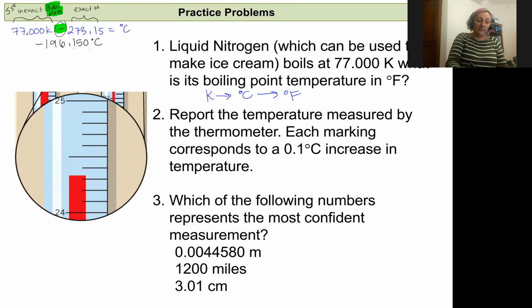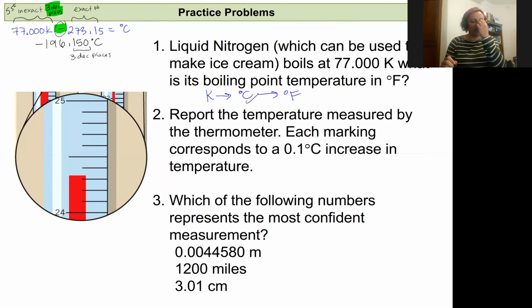And I have 3 decimal places. So I'll be reporting this to the correct number of significant figures. And you'll notice I've gained a significant figure, right? Instead of 5, I now have 6 significant figures. And this happens a lot with addition and subtraction. You can gain or lose significant figures as long as you're keeping the least decimal places of your inexact numbers that have significant figures.